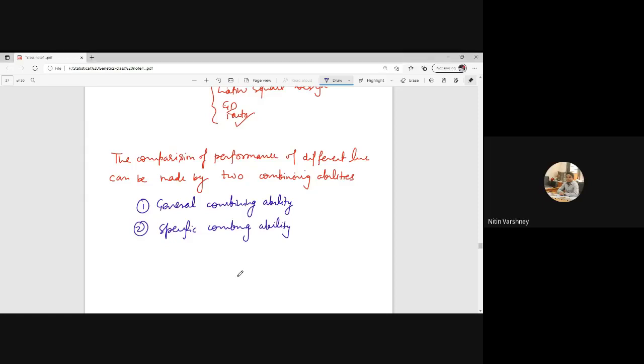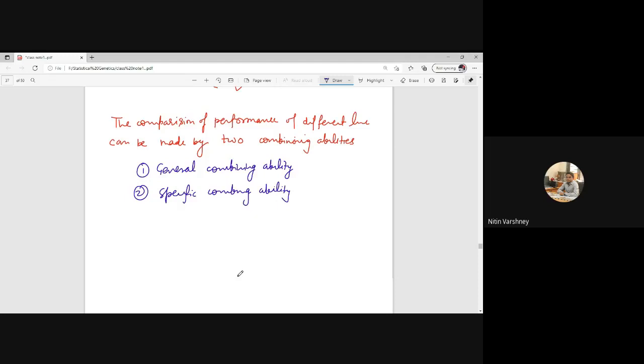So these two combining abilities are there to compare the performance of different inbred lines: general combining ability and specific combining ability.